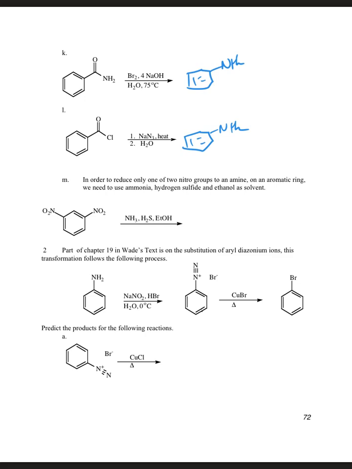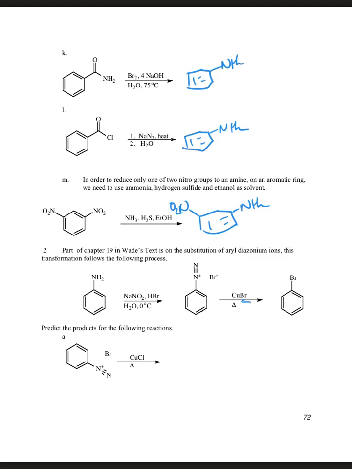If we have two nitros, we reduce one of them cleanly to make the meta-nitroaniline. If we have aniline and make the diazonium salt, we then replace it with whatever we have.